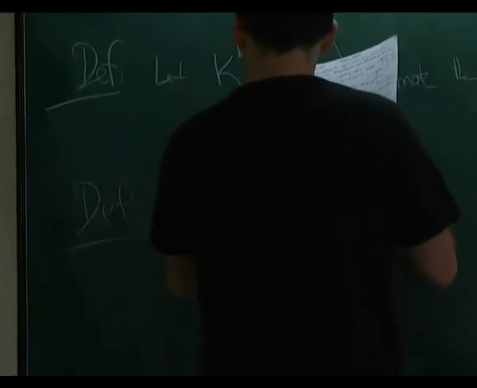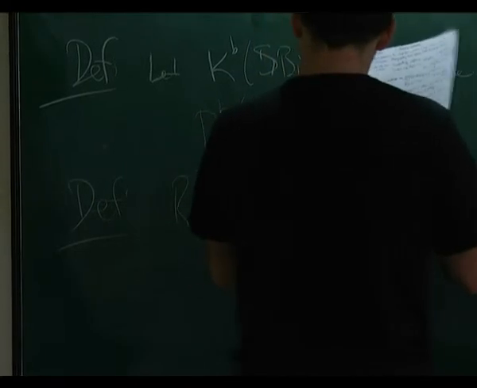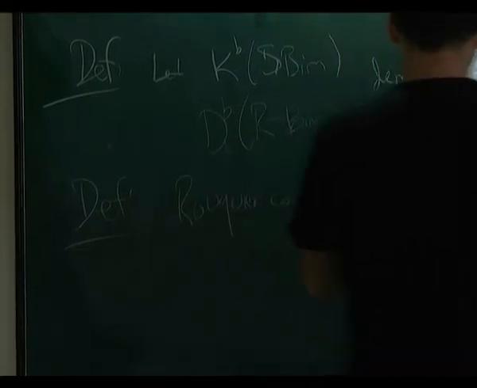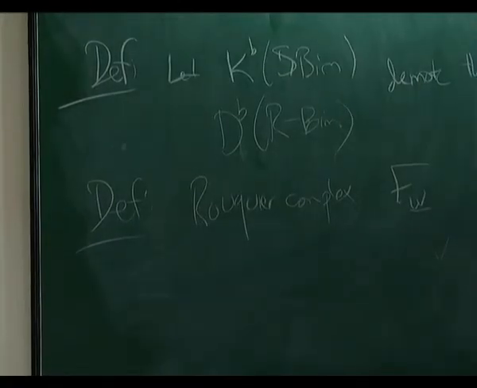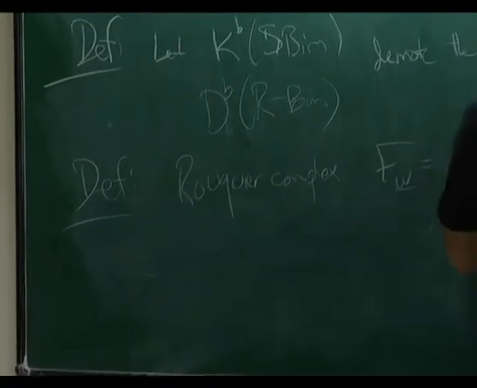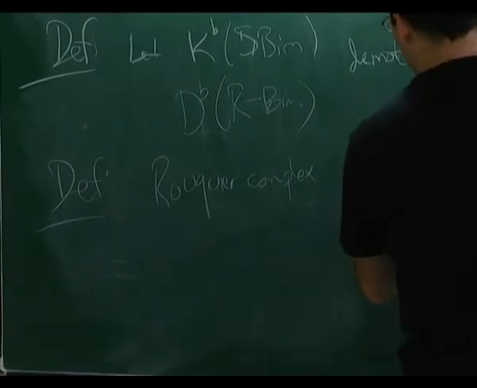So a Rouquier complex associated to an expression, not necessarily reduced, is actually an expression in the braid group.